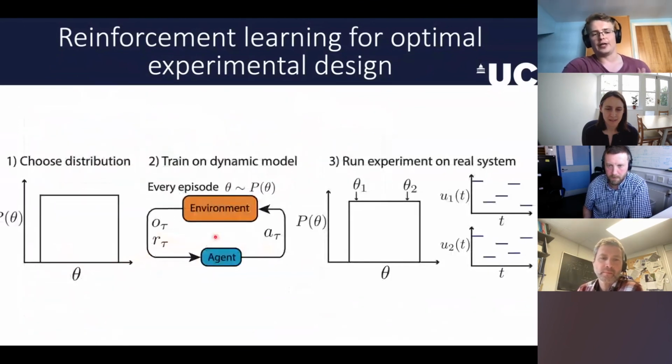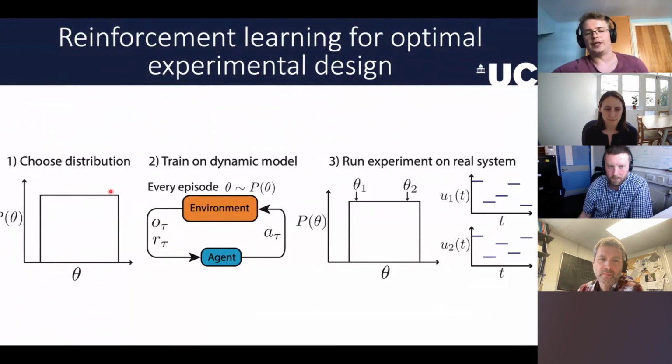How we can do this is we can have a distribution over parameters. In this case, we just have a broad uniform distribution, so we're assuming not much prior knowledge. We basically know they're within this broad range. And then we train our agent as normal, but every episode, we take a different parameterization from this distribution. That makes sense.